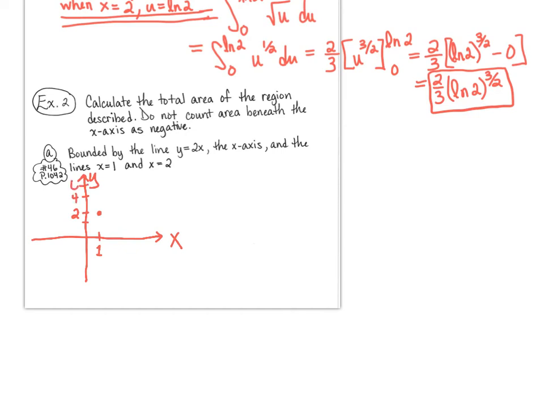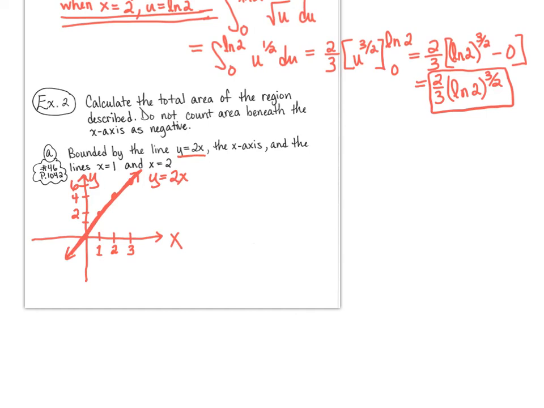When x is 2, y is equal to 2 times 2, or 4. When x is 3, we get y is 6. When x is 0, we get 0. So the line looks like so. That's y equals 2x.